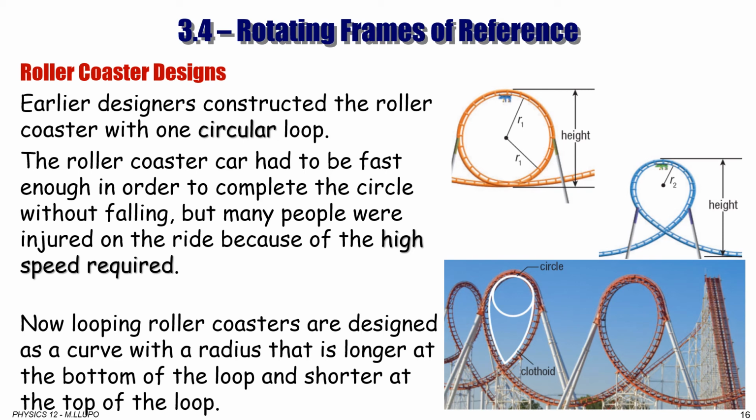Now looping roller coasters are designed as a curve with a radius that is longer at the bottom of the loop and shorter at the top of the loop. So it will require less speed, and obviously less speed means it's safer for riders.